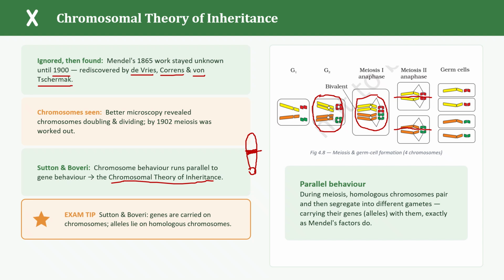Yes, of course, it can explain. And from the exam point of view, genes are located on homologous chromosomes. So what happens during meiosis? These homologous chromosomes pair and segregate into different gametes, and they carry their genes, that is alleles, with them. And exactly as Mendel's factors, it was explained by Sutton and Boveri.